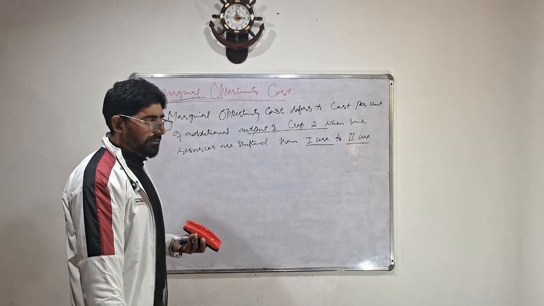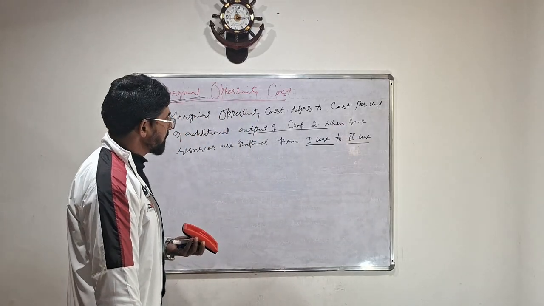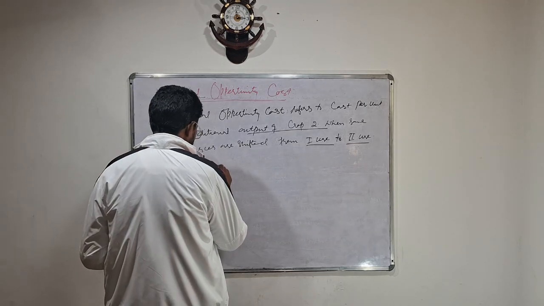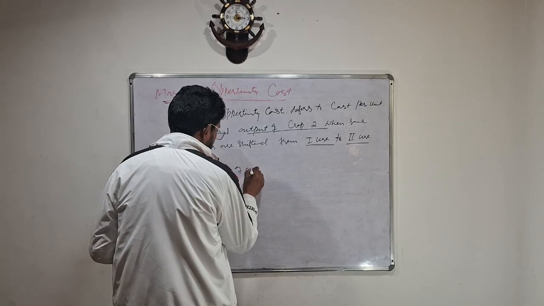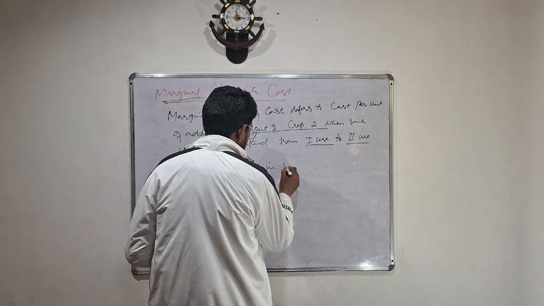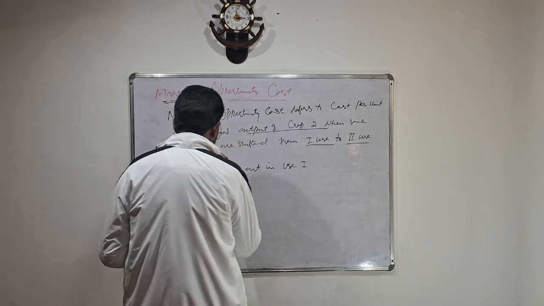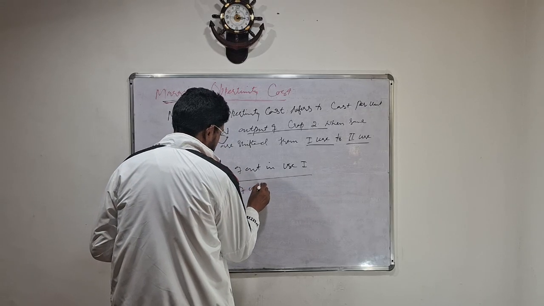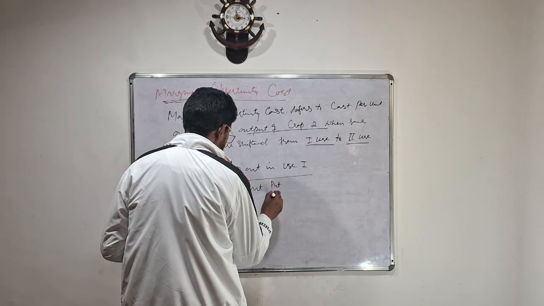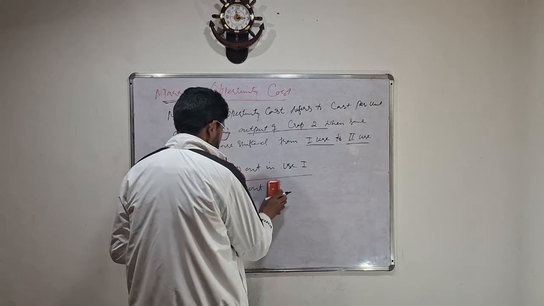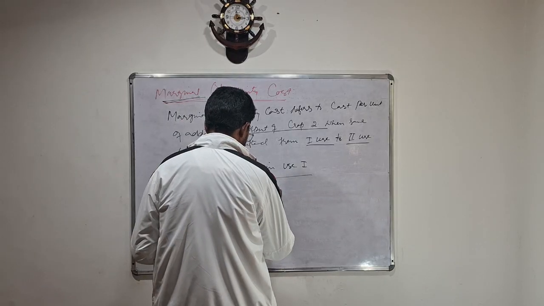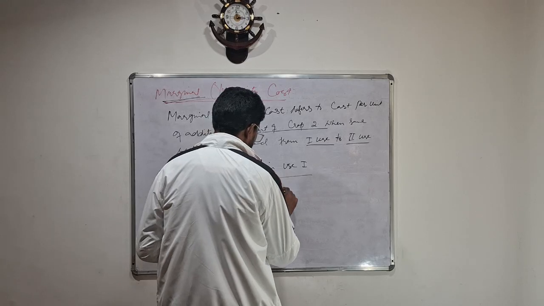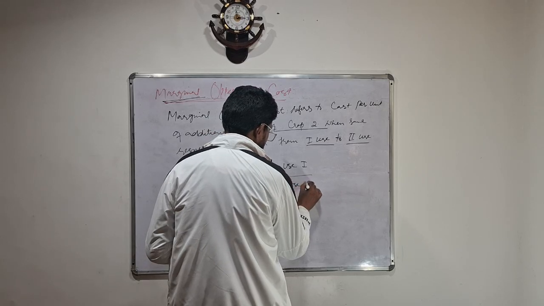I will show you a numerical example so that you can easily understand. I will write down first: loss of output in use first divided by gain of output in use second.